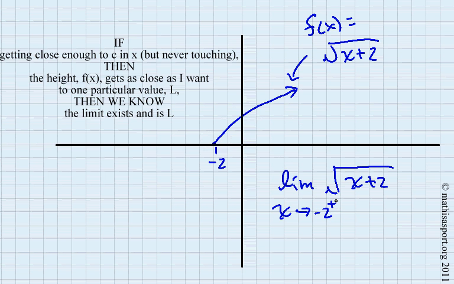And remembering that our definition of limit need not have anything to do with the actual value at the point, we could even talk about this limit as being well-defined, even if the function wasn't defined at that point. That would be a slight variation of the square root of x plus 2 function. I'll leave that as an exercise to the reader to figure out what function that would be. But again, the limit is perfectly well defined if we're willing to constrain it to this one-sided limit.